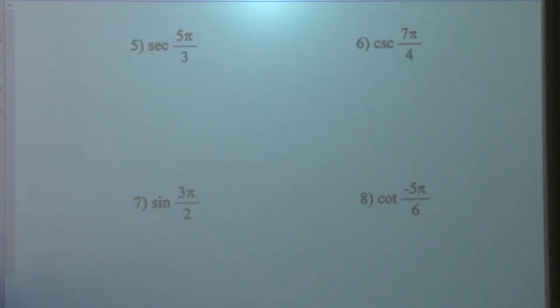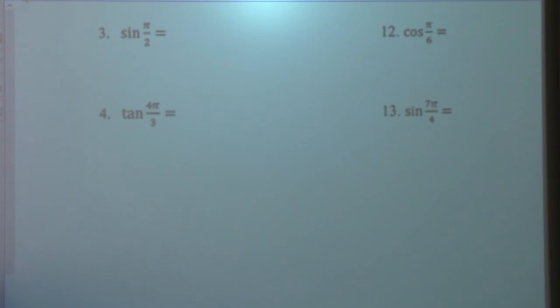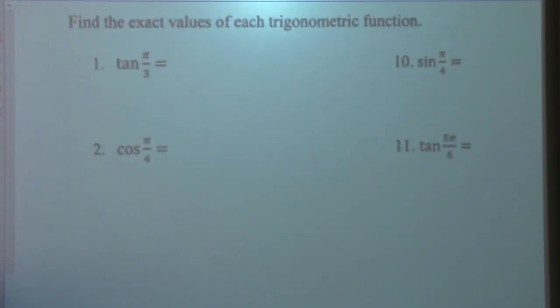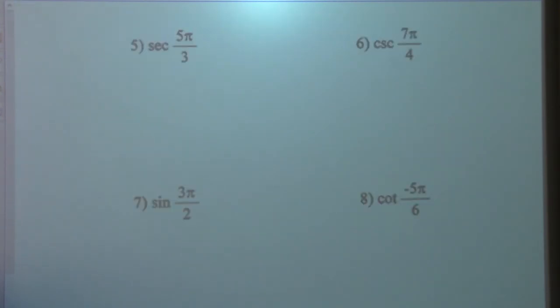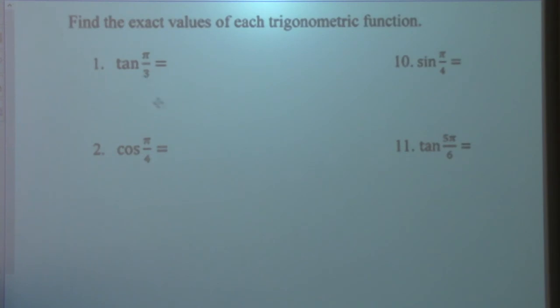So go do these, 1 through. That's the way I have them ordered. The way I cut them out is I cut out this thing here. So the next thing would be 3, 4, 12, 13, right?